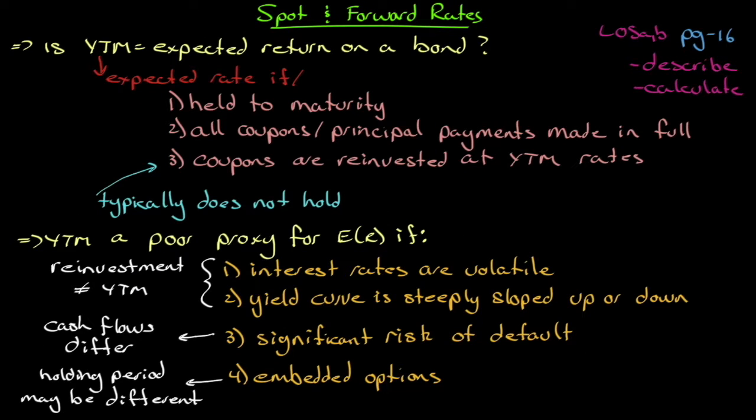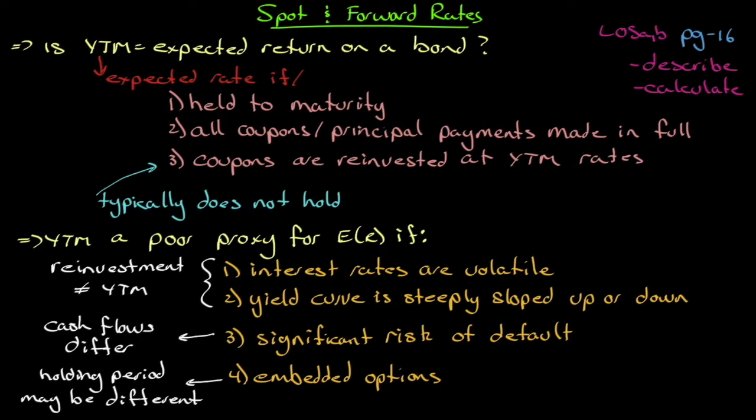All right, so now that we know how we arrive at that measure, yield to maturity, we can ask ourselves, remember now, every cash flow is discounted by its corresponding spot rate. So if the yield to maturity is the weighted average of all the spot rates, is the yield to maturity the actual return you will realize at maturity?